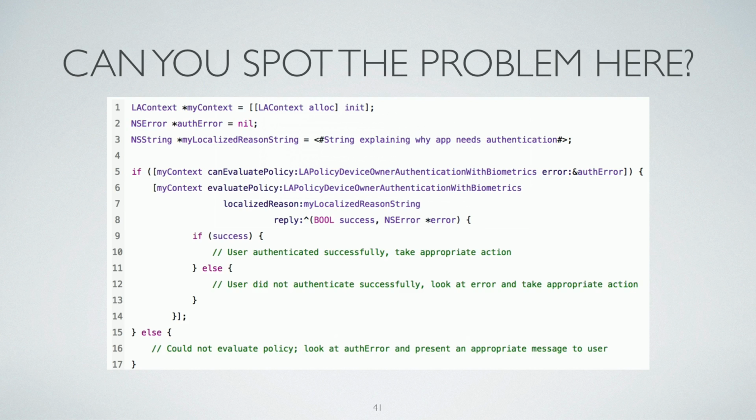So basically we have two branches of code. One is taken when the authentication is successful, and one where it's not successful.